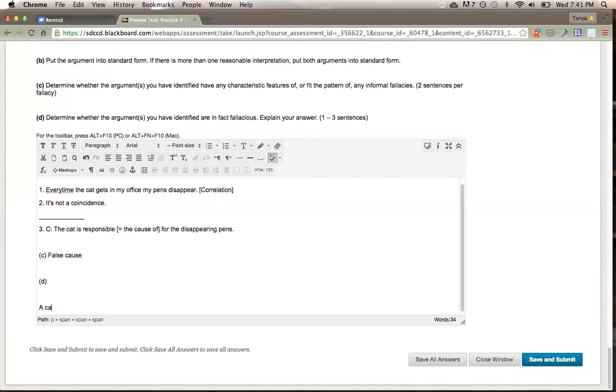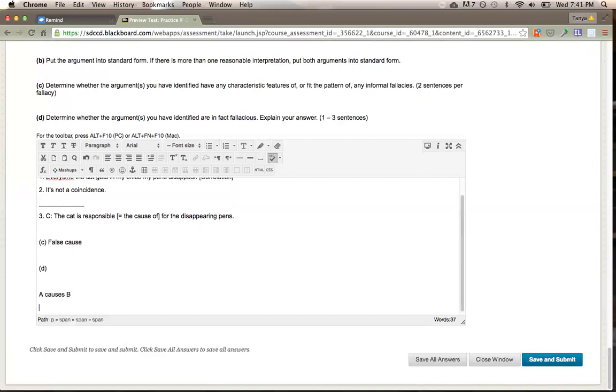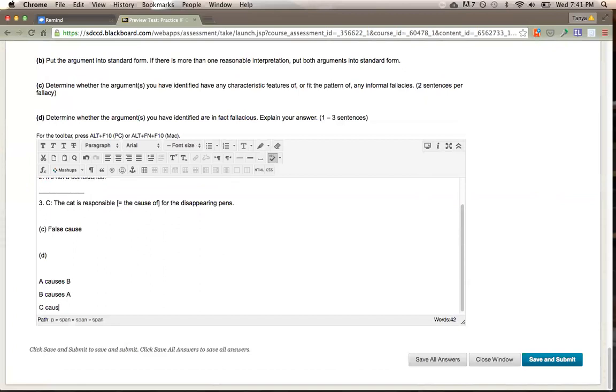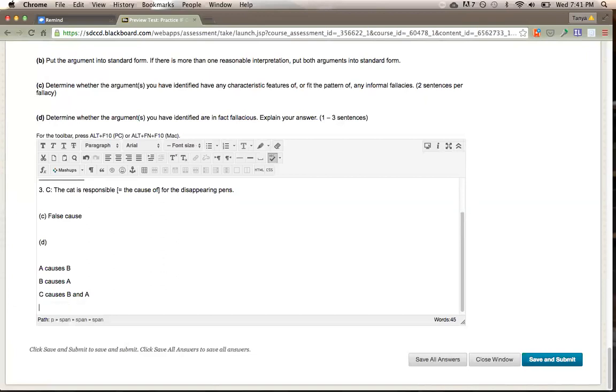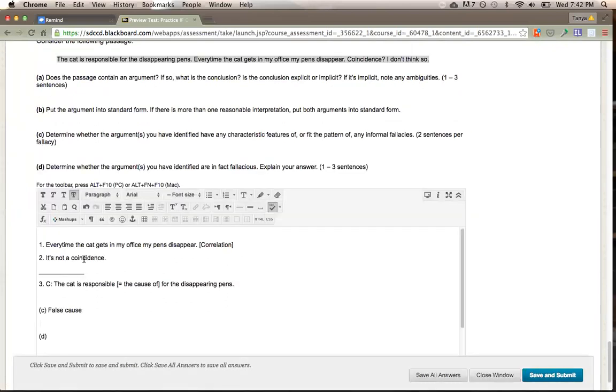One is A causes B, B causes A, C causes B and A, common cause, or coincidence. Now, the argument rules out coincidence, and we aren't given much information. Like, why isn't it coincidence? Well, let's assume for the sake of argument that there's good reason to think it's not a coincidence.